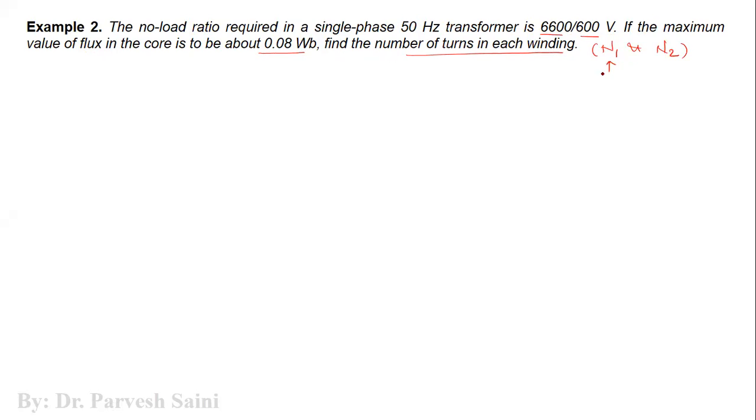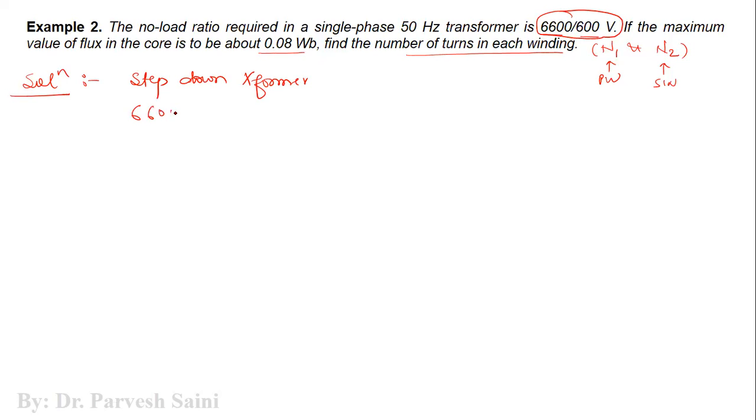So N1 is the number of turns of the primary winding and N2 is the number of turns of the secondary winding. Now in this particular numerical, this is a step down transformer. How will we come to know whether the given transformer is step down or step up? Either we can come to know through the number of turns, or we can also know the same thing from this value.